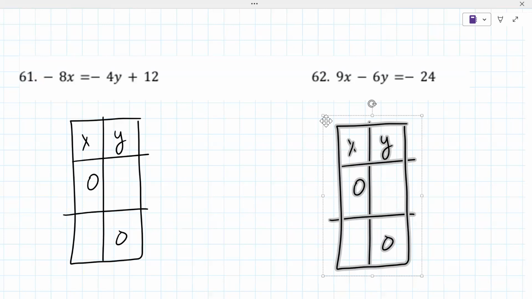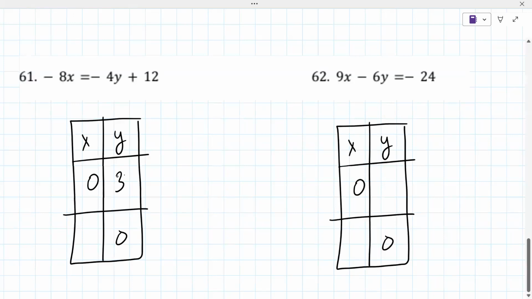So the negative is that 12 over 8. And then for y, take out x and y, then you get 3. So then 0, 3. For 61, take out x, you get 0, 3.